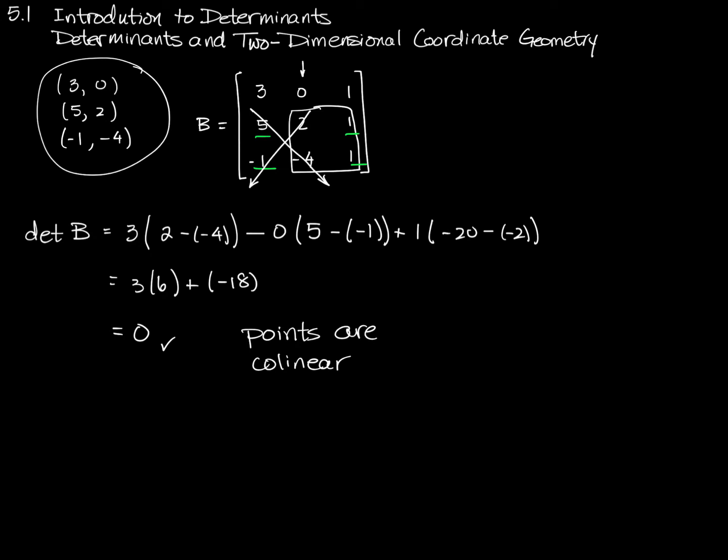One of the things that's happening here is that we're looking at effectively the slopes of the lines that go through these 3 points. This point, this point, this point. Here is one of them, and we recognize this is 2 minus negative 4. That's the y value in one point minus the y value in the other. 5 minus negative 1 is the x value in one minus the x value in another.